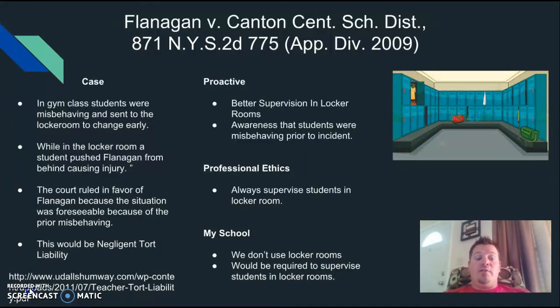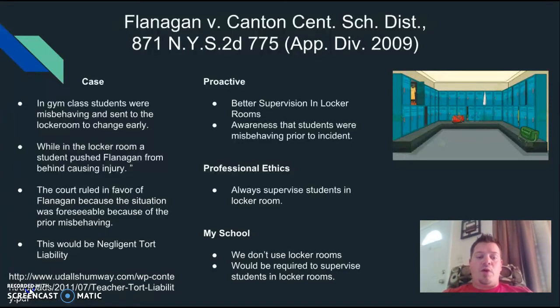When they were in there, Flanagan, one of the students, was pushed from behind, falling down, hitting his head and causing injury. In this case, the court actually ruled in favor of Flanagan because the situation was deemed foreseeable. Because of the misbehavior leading up to what happened, they thought that he should have been in the locker room supervising these students.